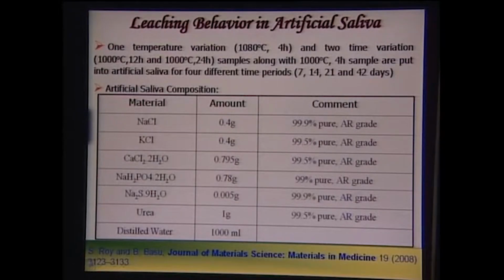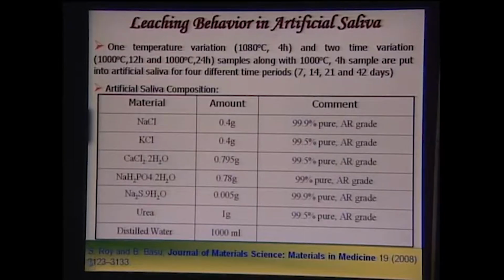Now, we have done the in vitro biomineralization test for these materials, and for this we have prepared artificial saliva, because these materials are to be used for dental restorative application. So, we do not use the simulated body fluid, but we use the artificial saliva which is present in the oral environment, so that you can simulate the composition existing in the oral environment.